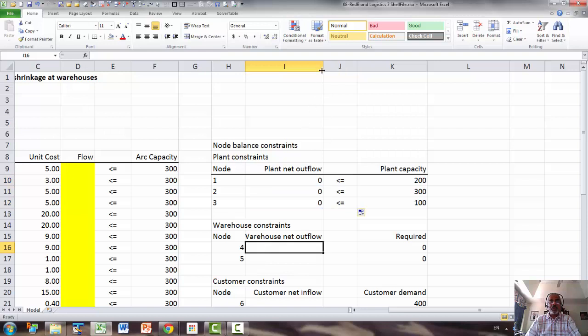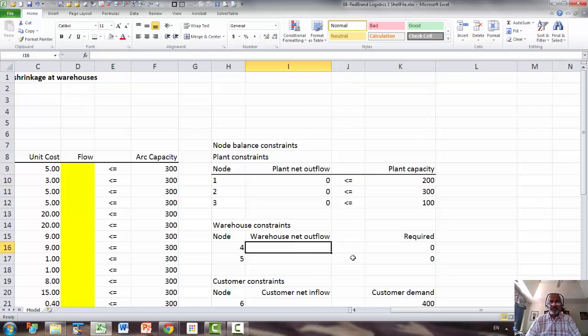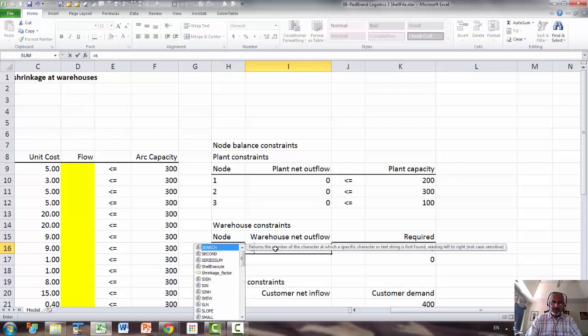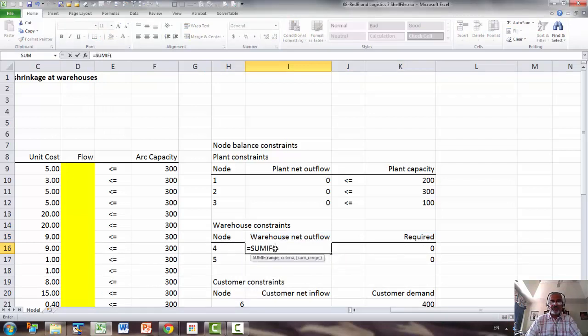But when it comes to warehouse, now we need to be careful because there is shrinkage here. So we have sum if, okay, what is coming in, let's get that first, origin. No, this is what's going out. Or if 4 is the origin, that is going out. So this is what is going out.